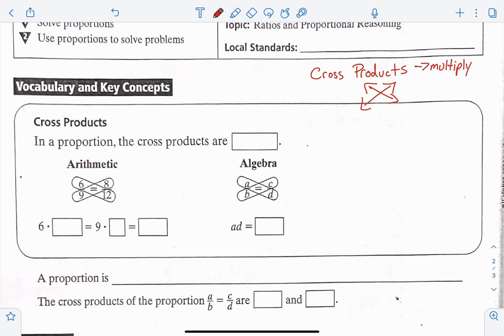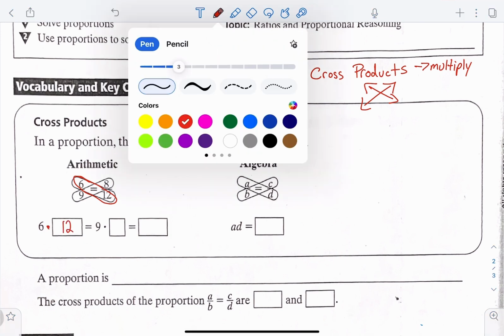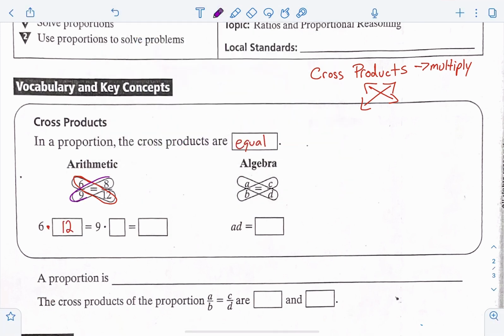So in a proportion, the cross products are equal. Something is considered in proportion or proportionate if the top of the first fraction times the bottom of the second fraction, so see here they have 6 and 12, so we're going to do 6 times 12, is equal to bottom of the fraction times top of the other fraction.